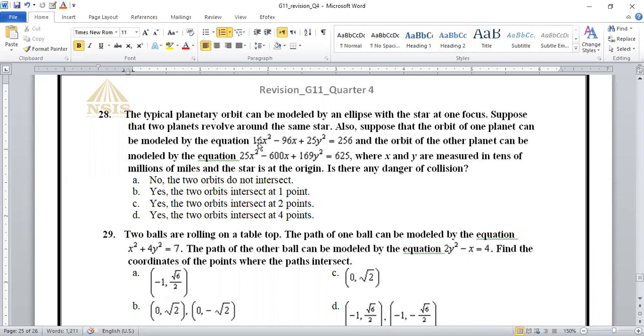Also, suppose that the orbit of one planet can be modeled by the equation 16x squared minus 96x plus 20y squared equals 256, and the orbit of the other planet can be modeled by the equation 25x squared minus 600x plus 169y squared equals 625, where x and y are measured in tens of millions of miles, and the star is at the origin. Is there any danger of collision?